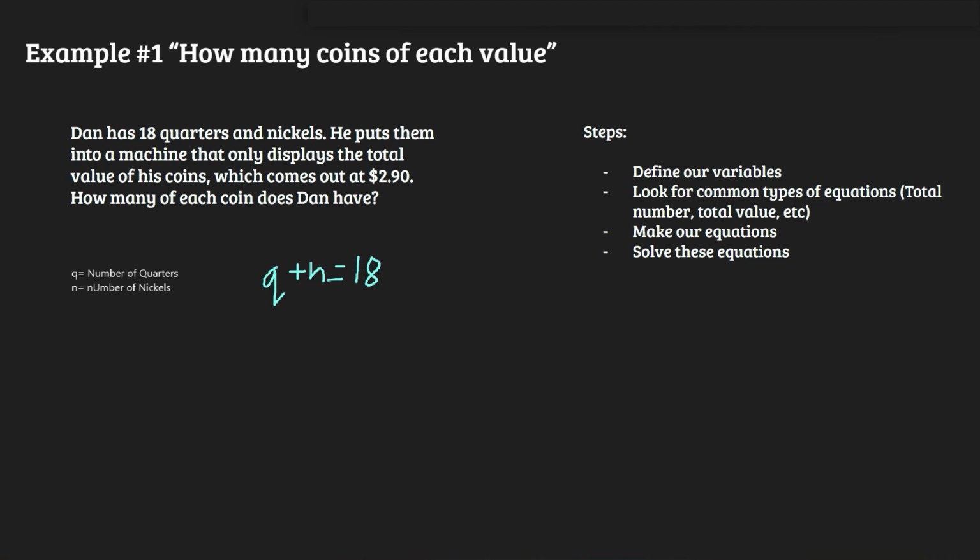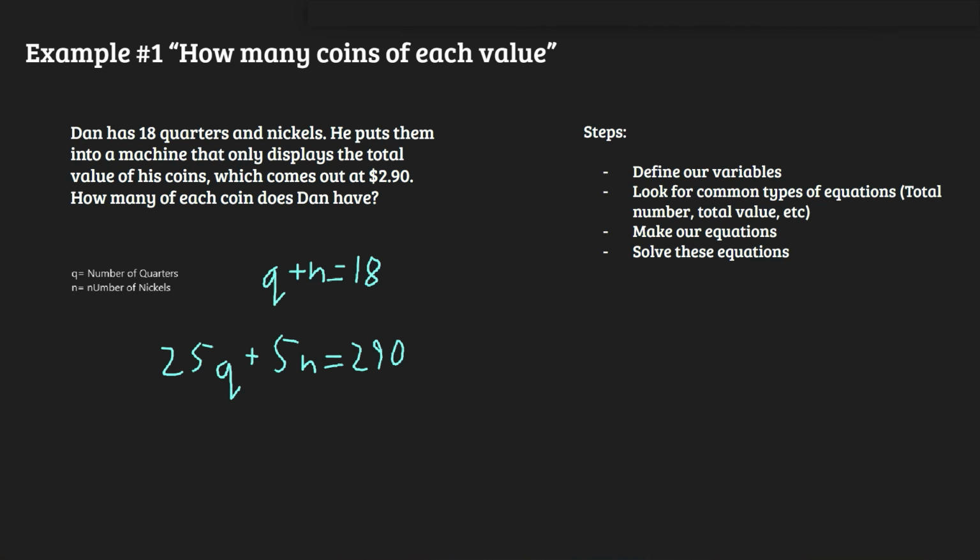So I can say that the total value in cents of all the quarters is going to be 25 cents for each quarter times the number of quarters, right? That's the total value from all of the quarters. And then I can do plus 5 cents times the number of nickels, and I know that equals a total of 290 cents.